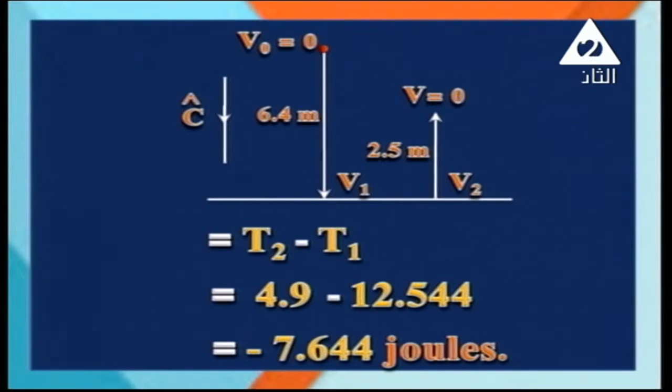Yes, the lost kinetic energy of two bodies equals kinetic energy before impact minus kinetic energy after impact. In this case, the change of kinetic energy equals kinetic energy after impact minus kinetic energy before impact, equals negative 7.644 joules.